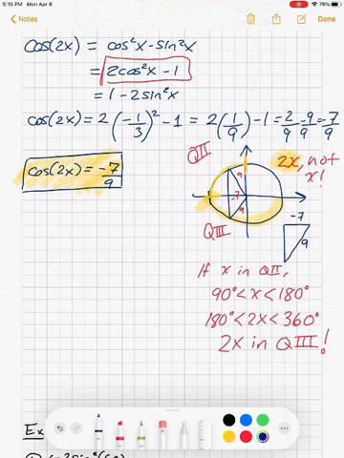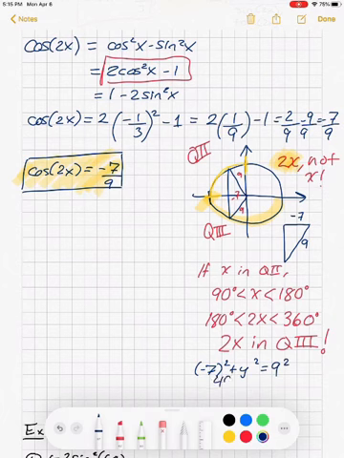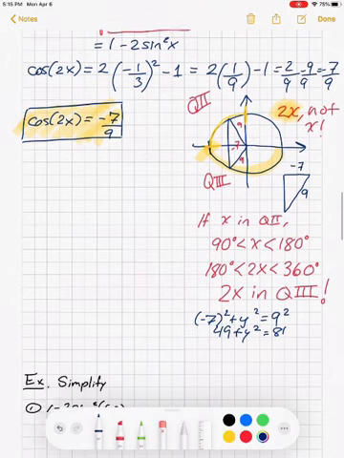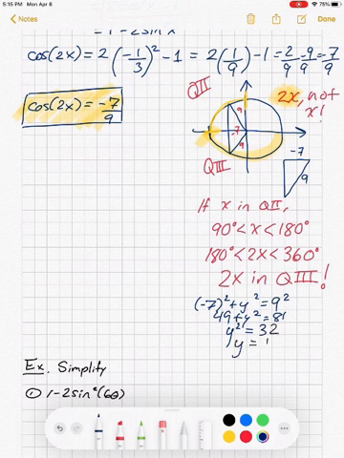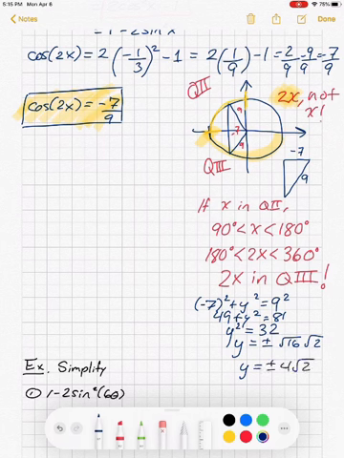So if I set up my Pythagorean theorem, what does that come out to? 32? It's plus or minus 4 root 2. So again, I know y has to be negative.